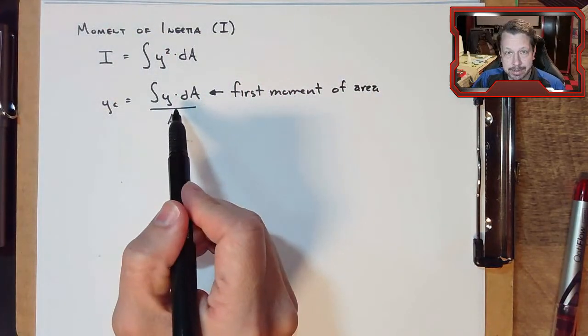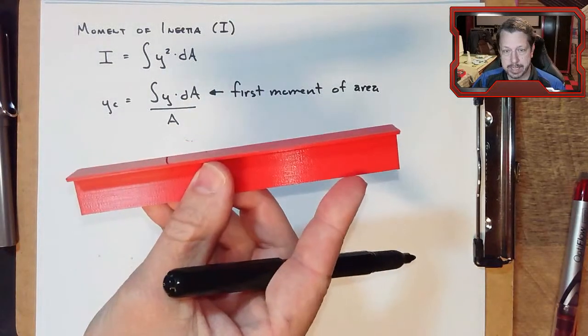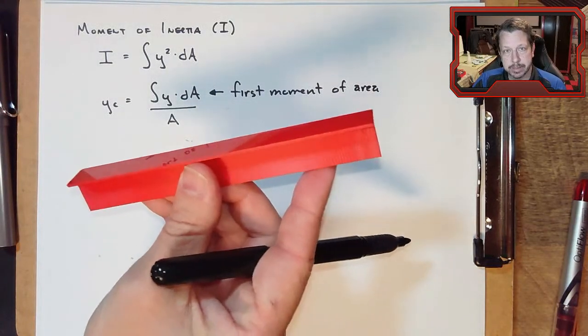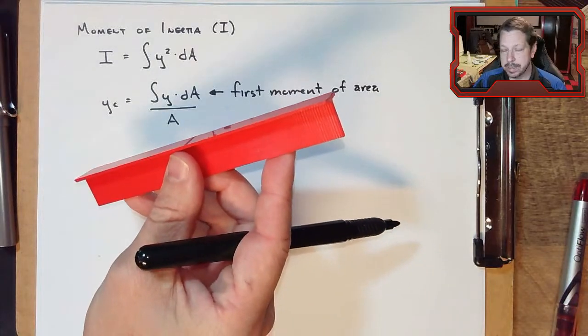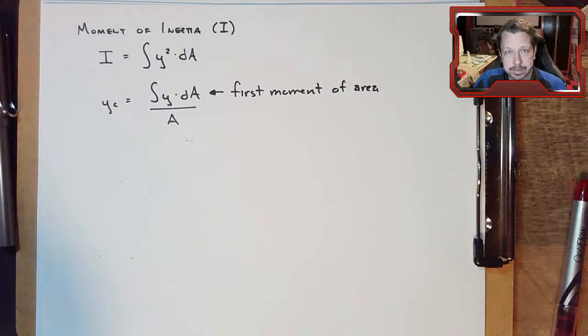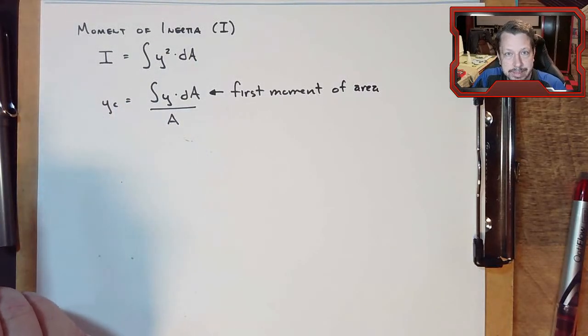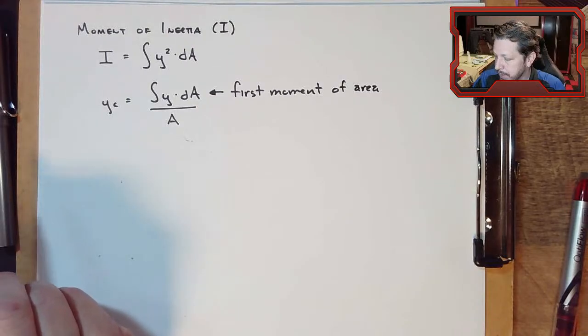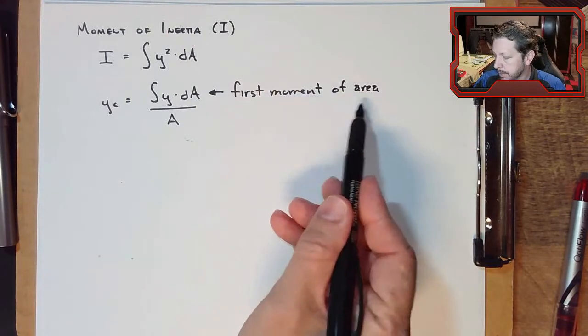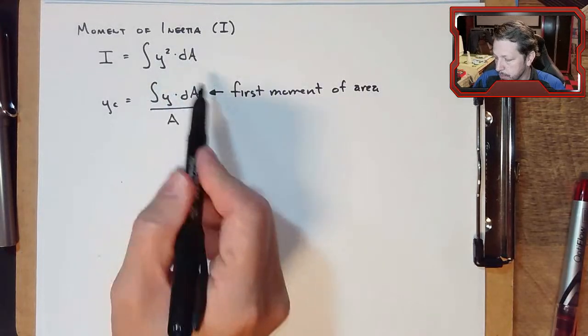And we were looking at that area, and that area does represent mass. There's some mass here, and so there would be a force associated with that, and you could think of the moment that that mass creates about an axis. So maybe for y sub c, it's the moment that that area creates about the x-axis. And we called it the first moment of area, just the numerator part, not the divided by A part, but this numerator.